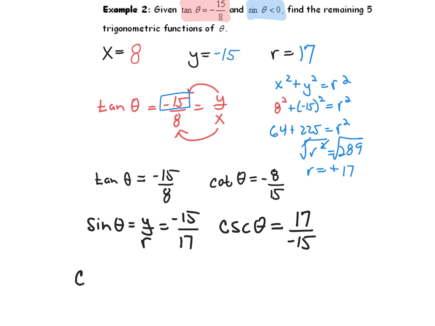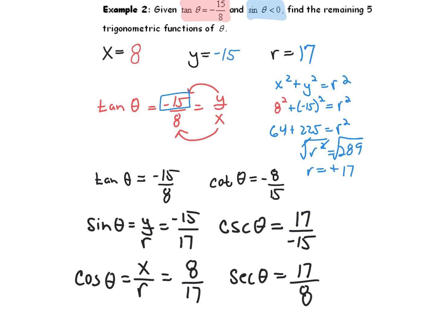And then cosine is just our x divided by our r, our adjacent over our hypotenuse. And x was 8 when r was 17. The reciprocal of cosine is secant, so I just have to flip that. So that'll be 17 over 8.